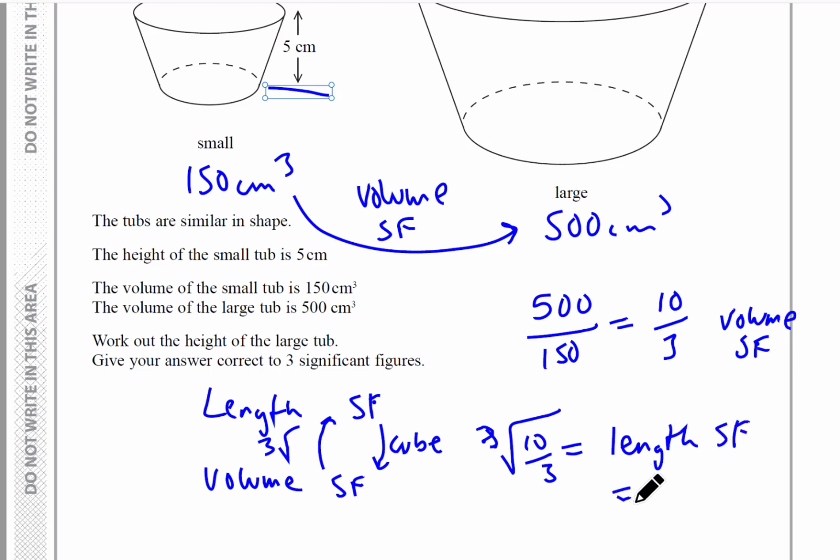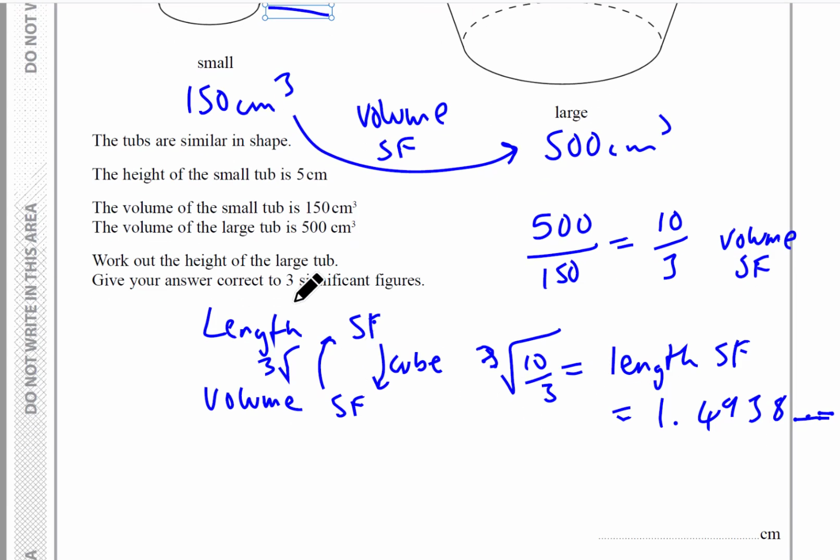which in turn equals 1.4938, and it does go on, dot dot dot, and it does say to 3 significant figures for the height, so it should be okay just to use that number.